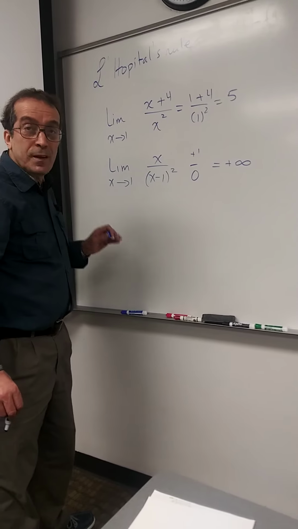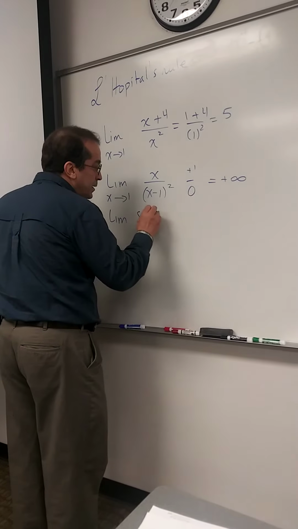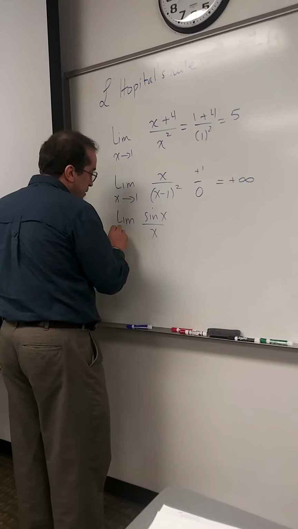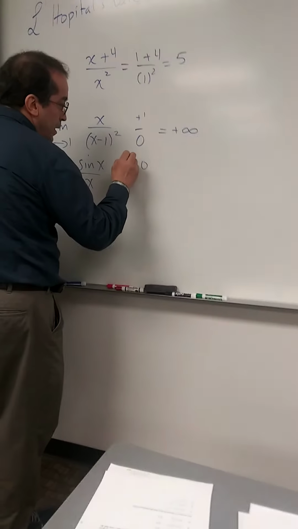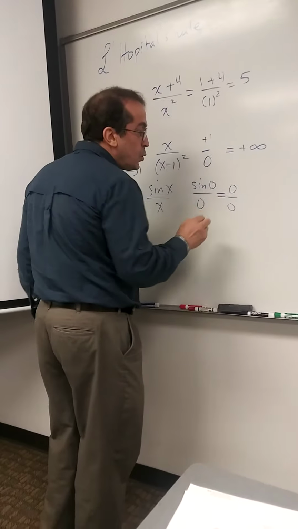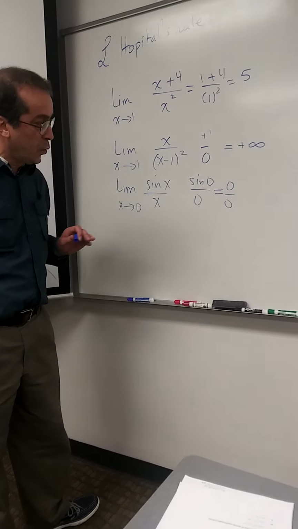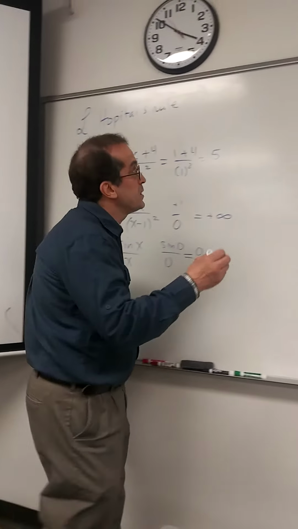The ones we use L'Hopital's rule for are limits like the limit of sine x over x as x tends to 0. The numerator sine 0 is 0 and the denominator is 0, so it's 0 over 0. 0 over 0 is a special form. You use L'Hopital's rule whenever you end up with one of these forms.